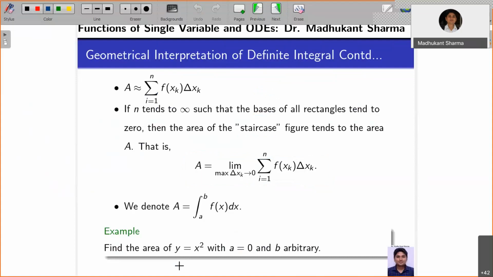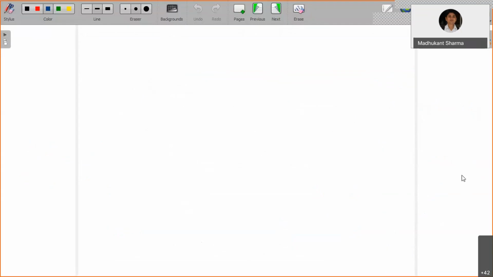Okay, so you wish to identify the area under y equals x square with a equals 0 and b arbitrarily chosen. So you have the example now, let's deal with this example.